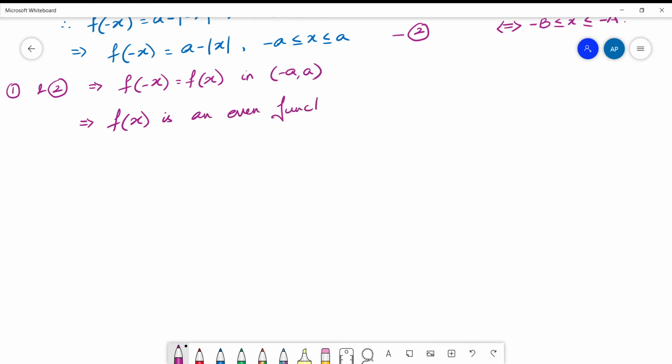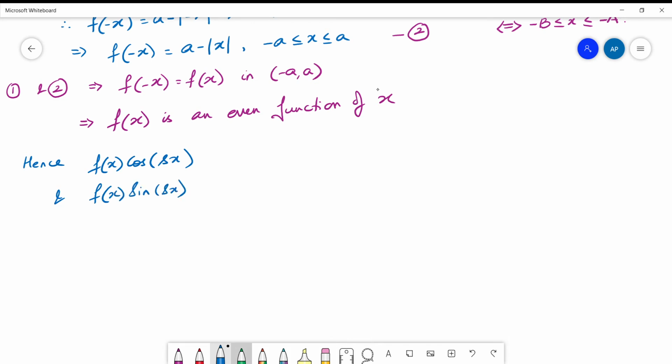And so the nature of f of x being known, we have to now find the nature of the products. So what is the nature of f of x cos sx and the nature of f of x sin sx? Now this is what we have to define. So the first one, f of x is already even. We know cos is an even function, and so the product of two even functions is even.